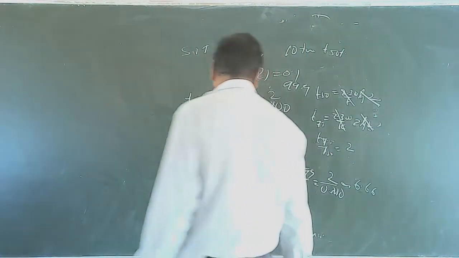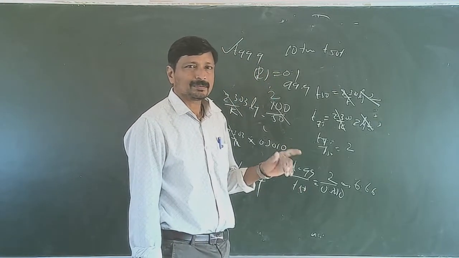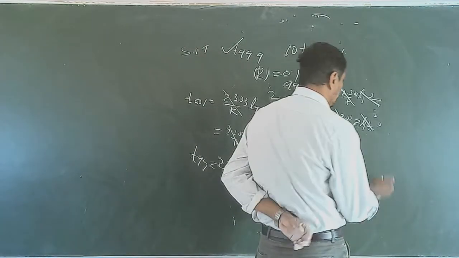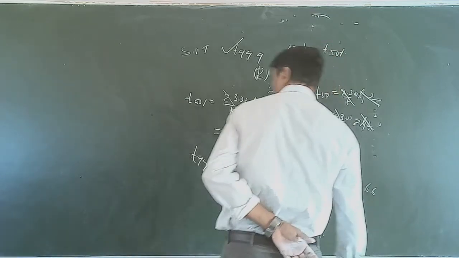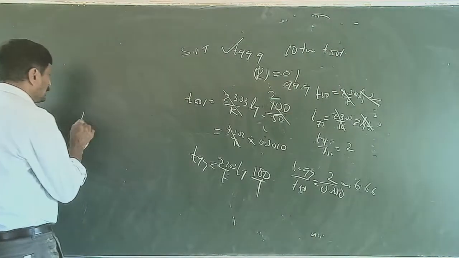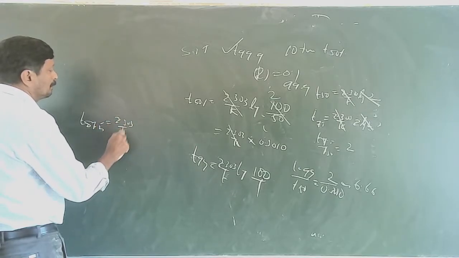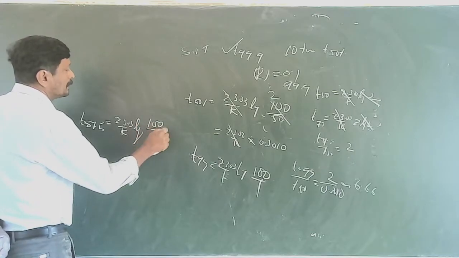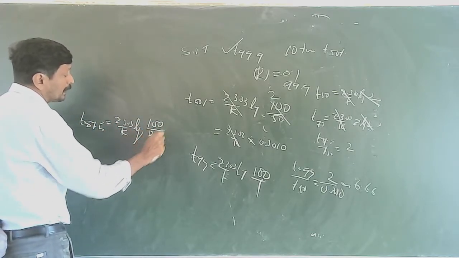You should be able to calculate this much. So, if it is T 87.5%, T 87.5% is equal to 2.303 by K log of R naught by R. 87.5 means R is 12.5.